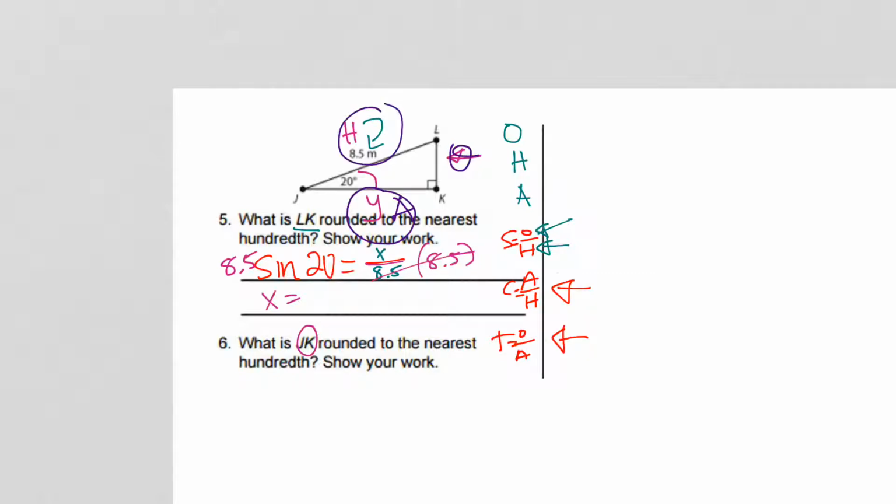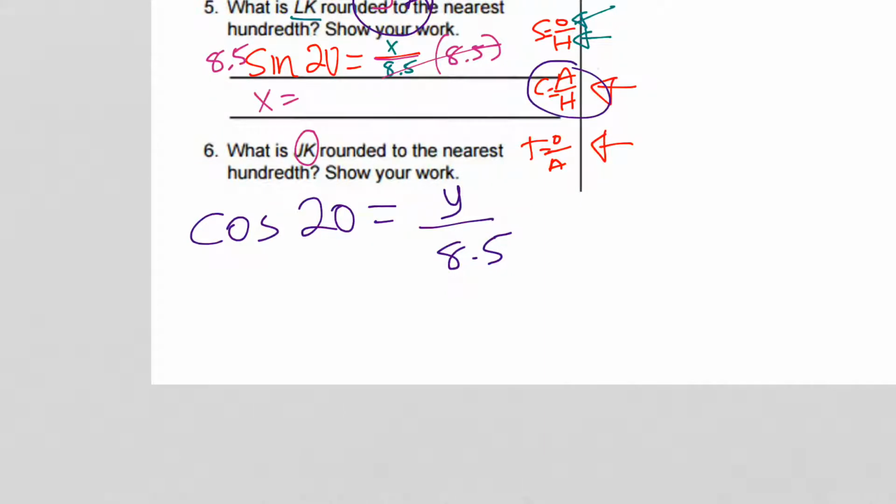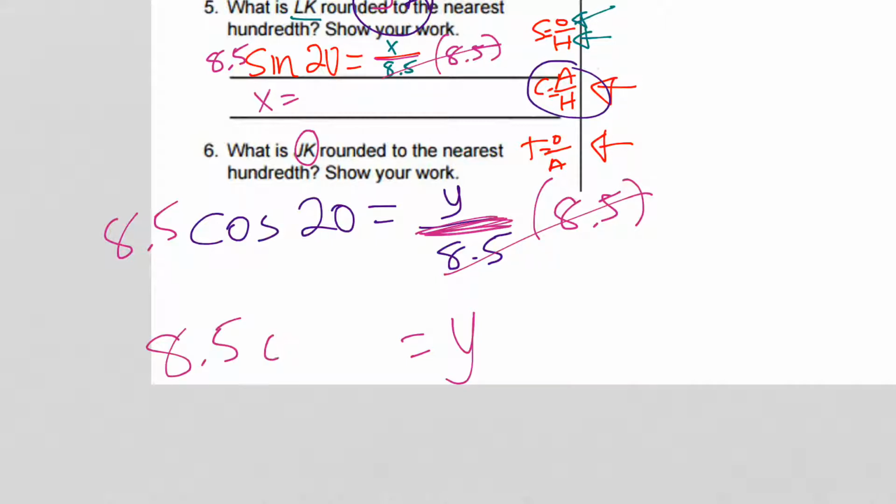So I'm going to use a trig function that has A and H. That means cosine. So cosine of the angle is equal to the adjacent side divided by the hypotenuse. In order to solve for y, I need to get rid of 8.5. This is being divided by 8.5. So I'm going to use the division property of equality, and I'm going to multiply both sides by 8.5 so that I'm able to find the y value. So this is calculator work, and whatever that gives you would give you the length of JK.